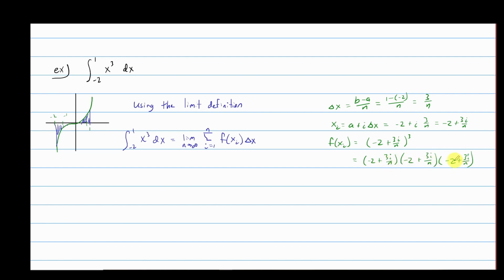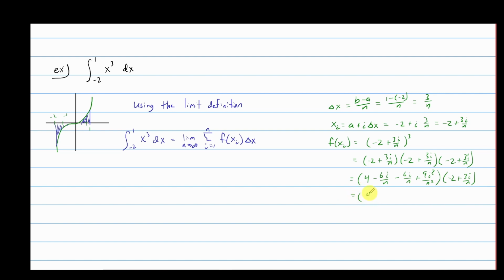It's 3 factors, and I'm going to FOIL it out, simplify, and then FOIL out again. So in the first one, -2 times -2 will give me 4. -2 times 3i over n is -6i over n. 3i over n times -2 is minus another 6i over n. And then 3i over n times 3i over n will give me 9i squared over n squared.